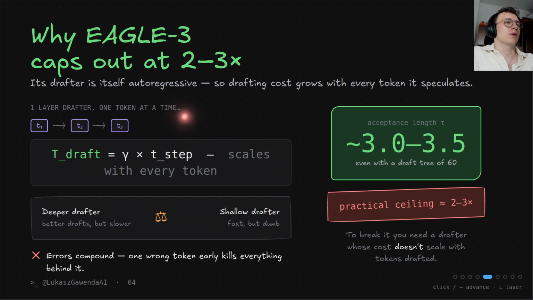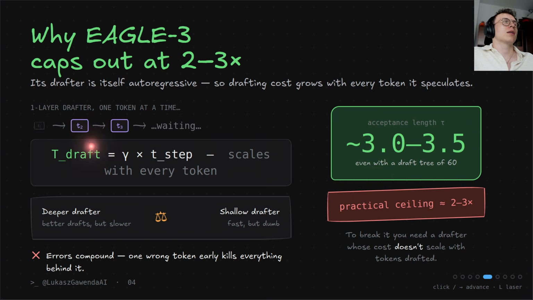So error compounds too, because one wrong token, as we showed before, kills everything behind it. And that's the wall to break. We need a drafter where the cost is not scaling with the number of drafted tokens, which is exactly what diffusion models could give you. And we talked about diffusion with llama.cpp. So this is like a mix of the ideas that were explained before.